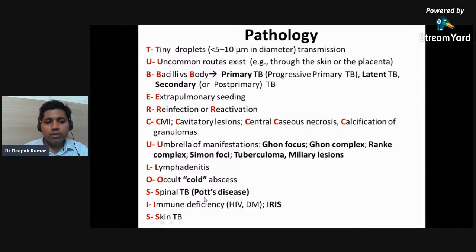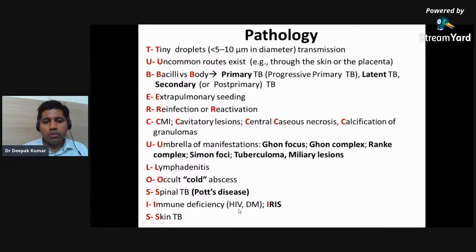And spinal tuberculosis can result in another named lesion called Pott's disease, and I for immune deficiency or immune reconstitution inflammatory syndrome. The patients with tuberculosis who are prone to have infection or present with worsening aggressive lesions are patients who have immune deficiency. That is HIV virus infection and diabetes mellitus.